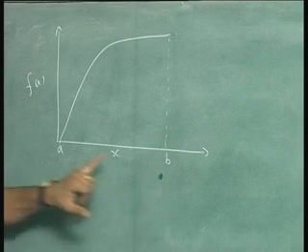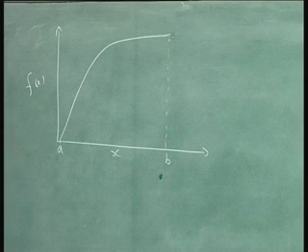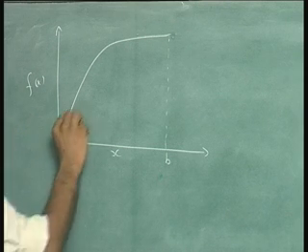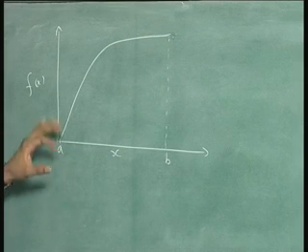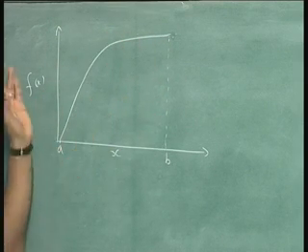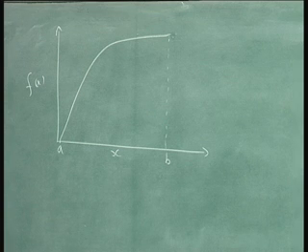This is x equal to a and this is x equal to b. Now I want to compute the integral of this function. So what does it mean? It means that we want to compute the area under this curve in a one dimensional case. So we just simply have to compute the area under this curve. Okay, so that's what we mean by computing the integral of this function, right?